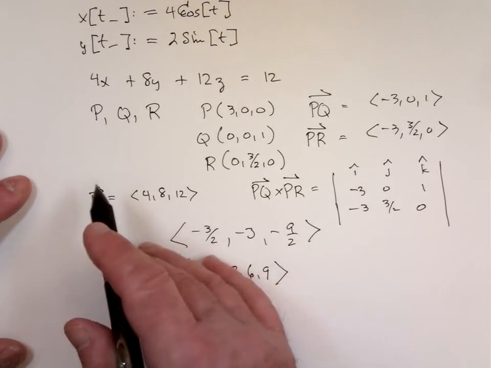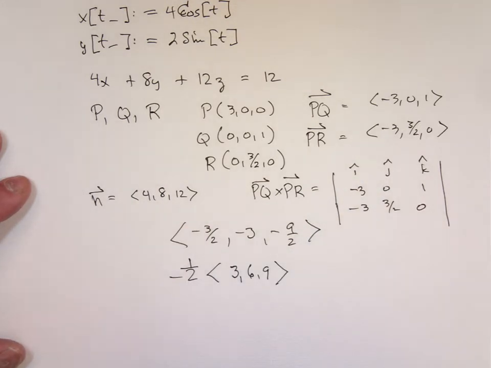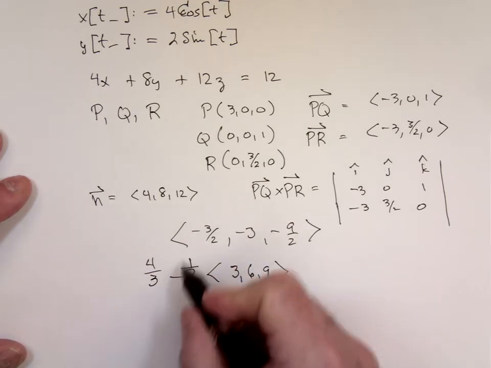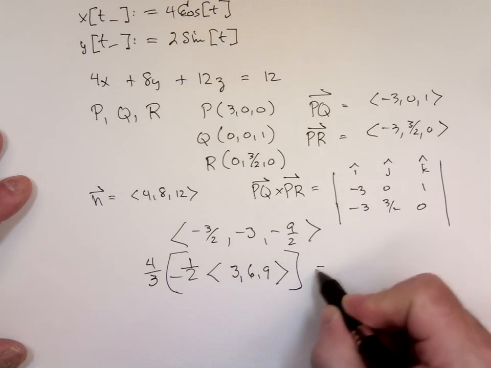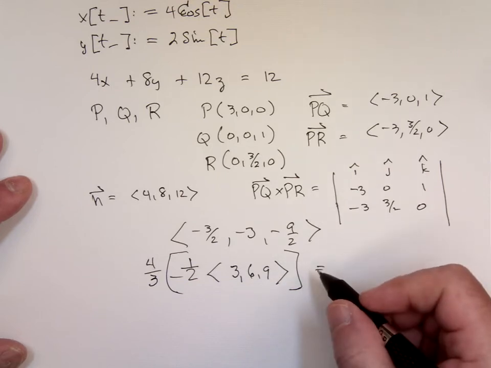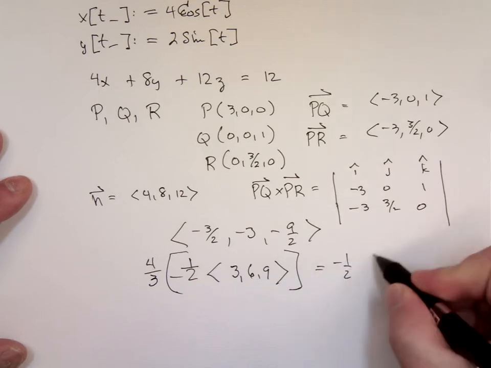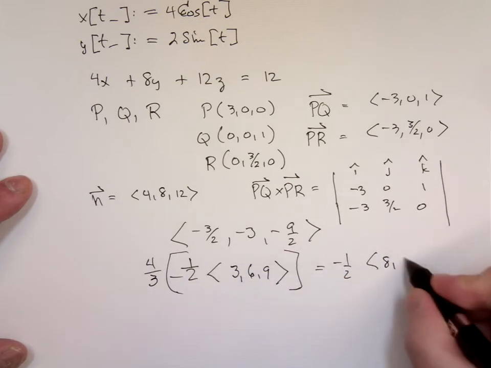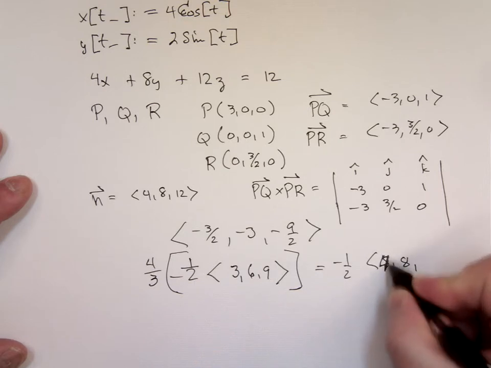So what I'm going to do is multiply this by 4/3. If I multiply this by 4/3, the 3's cancel, and I get 4, 8, 12.